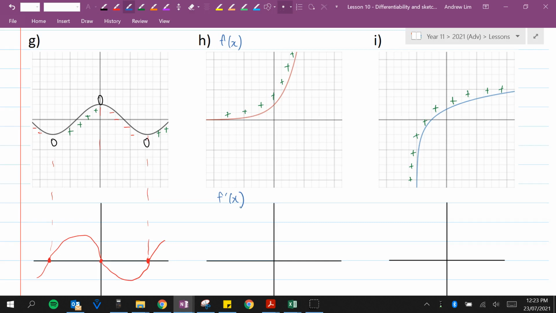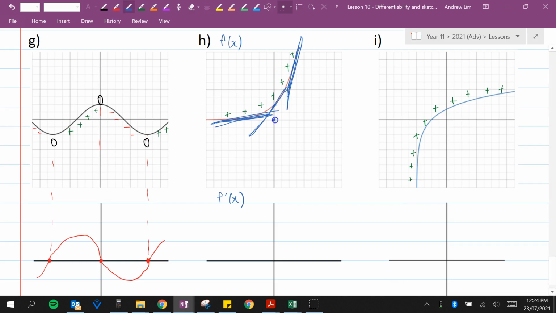Now, if we were to think about the steepness of these curves, this one's quite flat, right? Over here is quite flat, then it gets steeper, and it gets even steeper. So when we graph our gradient function, we need to keep that in mind. It's always going to be above the x-axis because it's always positive.